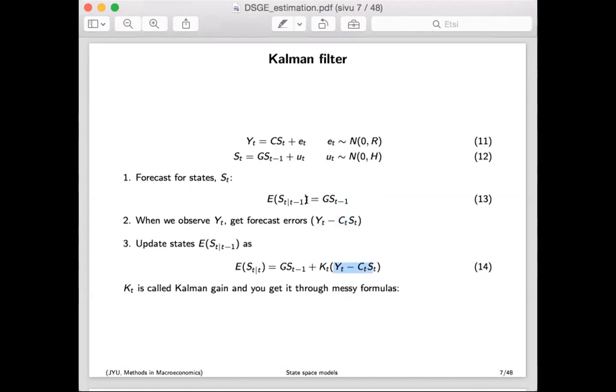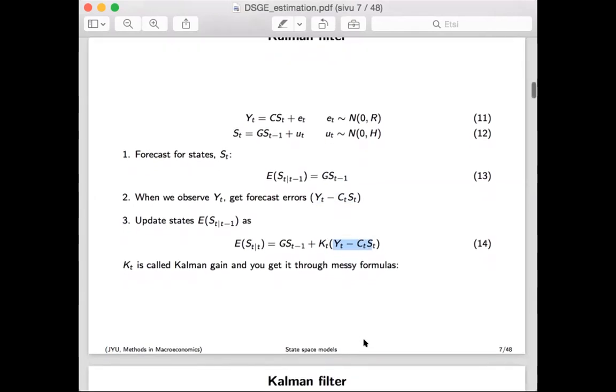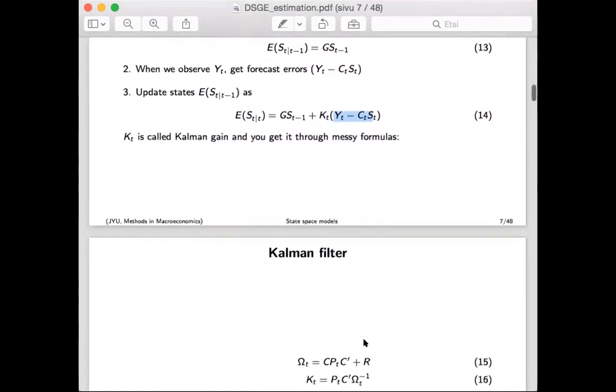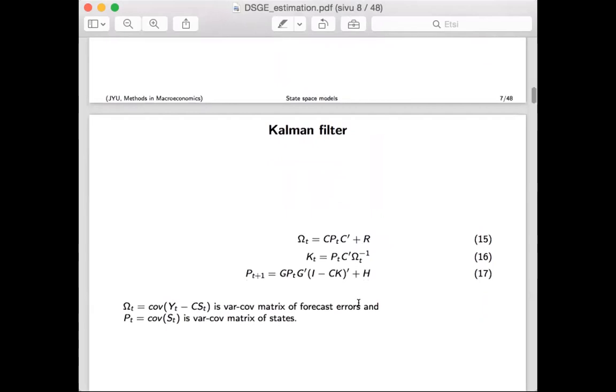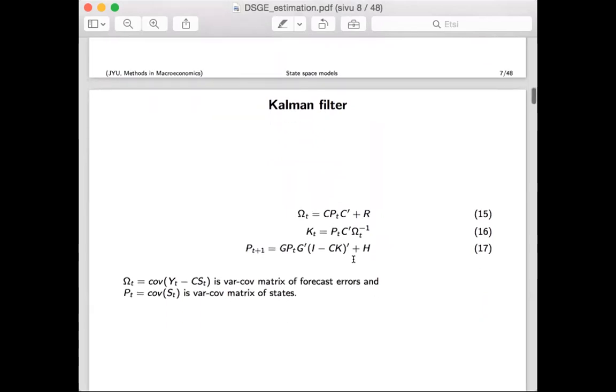So after observing it, we update our states with this formula where we have this k_t variable, which is called Kalman gain, and it's then obtained through this Kalman filter recursion, these equations here.